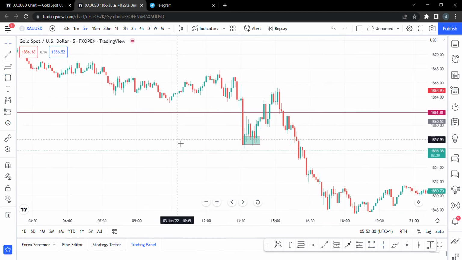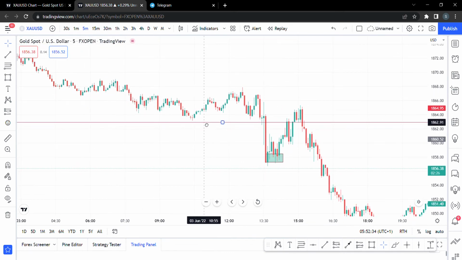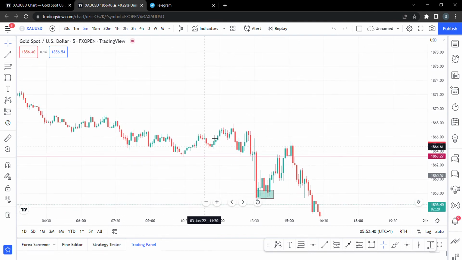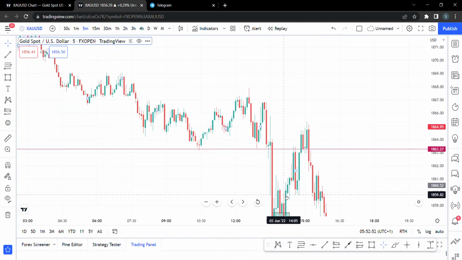We had this support level that the price was bouncing off. Then what did we have here? Let me zoom in to the 5 minutes.